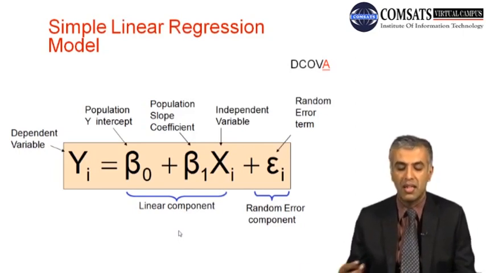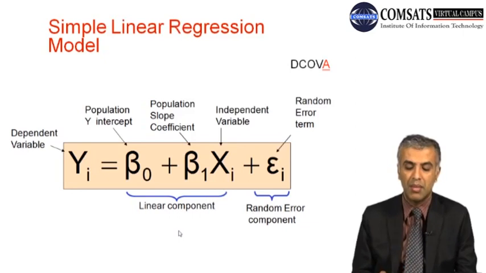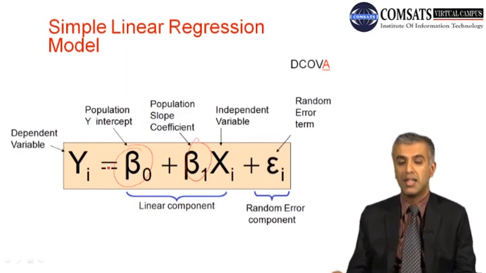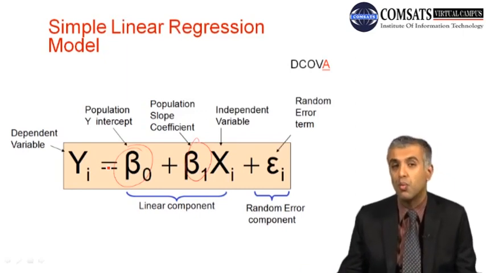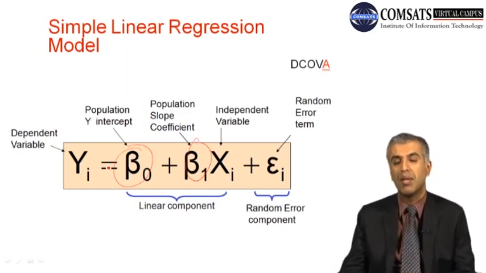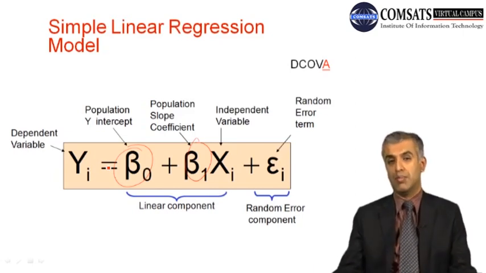You can see here how beta 1 and beta naught are measured and used to know the nature of the relationship and the impact of the independent variable on the dependent variable.